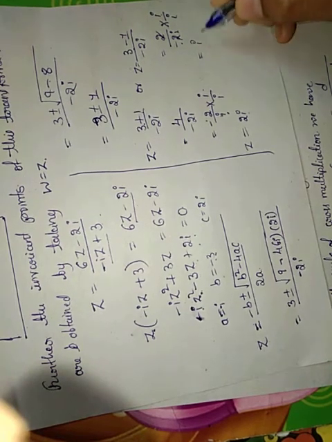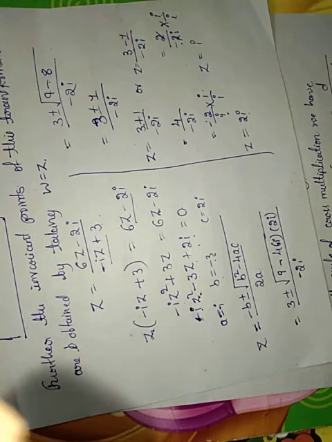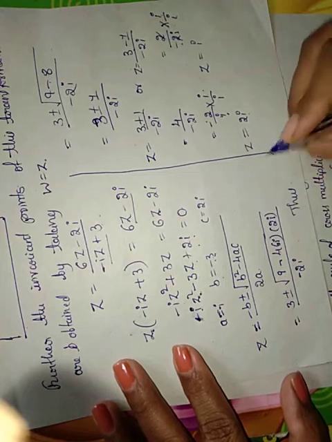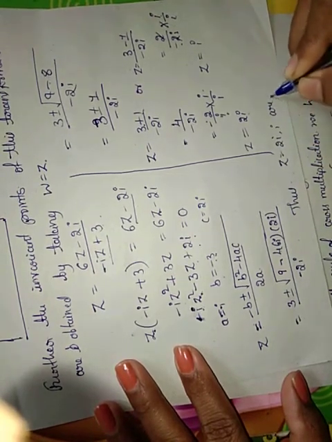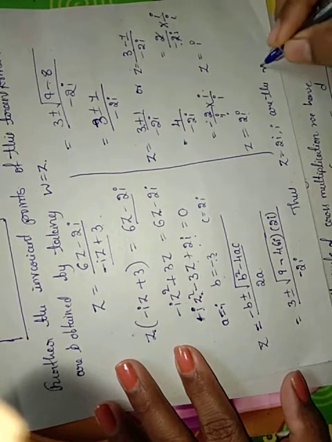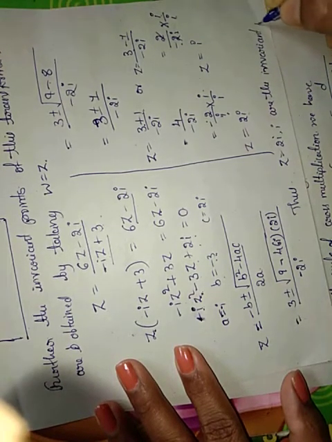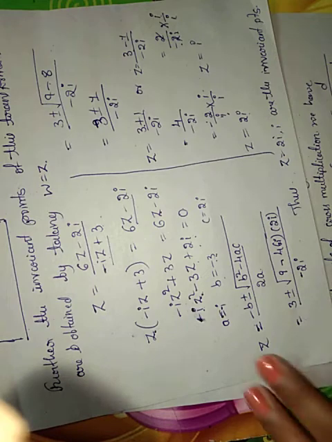So i divided by plus 1. So z equal to i and 2i. Thus z equal to 2i comma i are the invariant points.